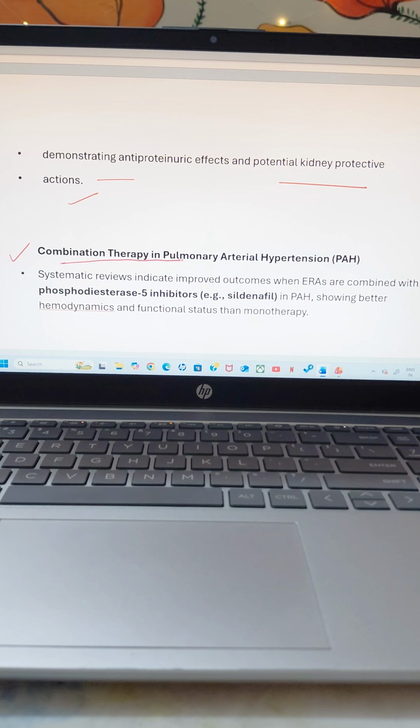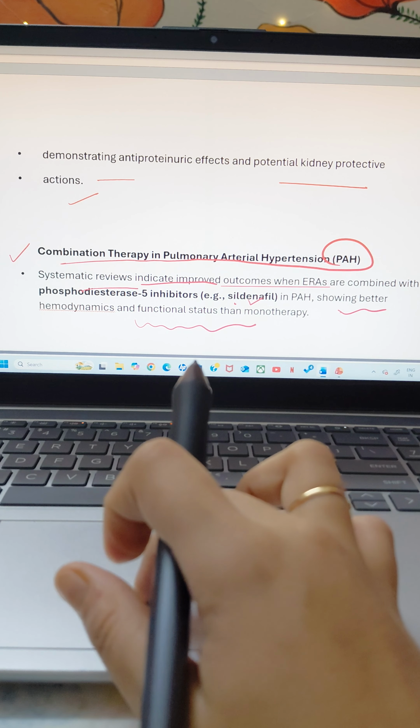Next, we have combination therapy in pulmonary arterial hypertension, in which systematic reviews indicate improved outcomes when endothelin receptor antagonists are combined with phosphodiesterase 5 inhibitors like sildenafil. It shows better hemodynamic and functional status than monotherapy.